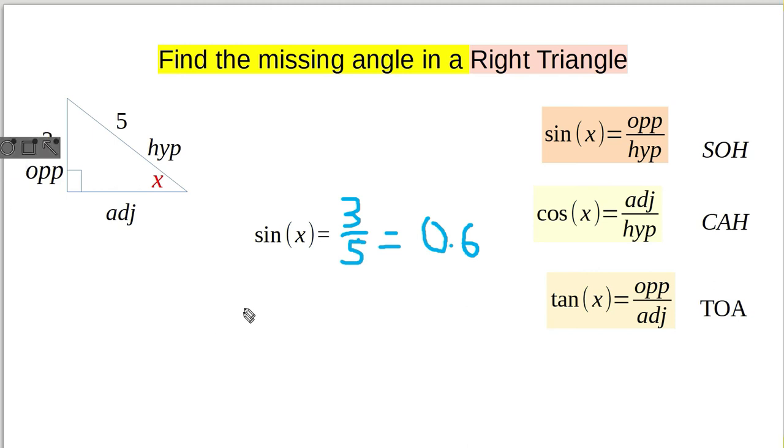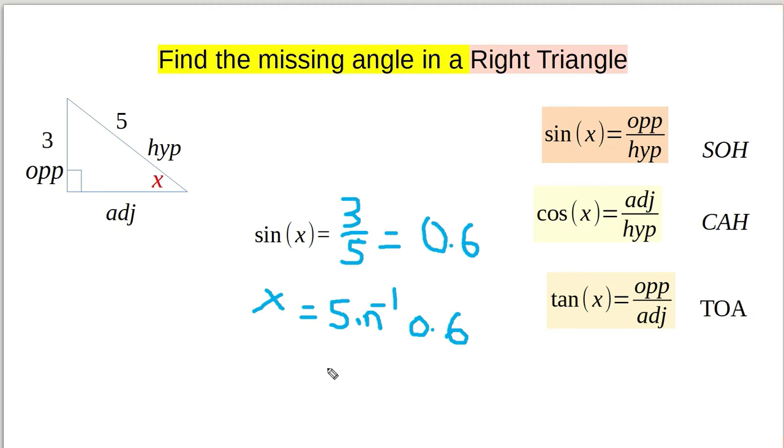So now let's go on. We have X is equal to the sine inverse of 0.6. Now you can find the sine inverse if you have any scientific calculator. If you don't have a scientific calculator, luckily now you can download scientific calculators from Google Play or the Apple store.